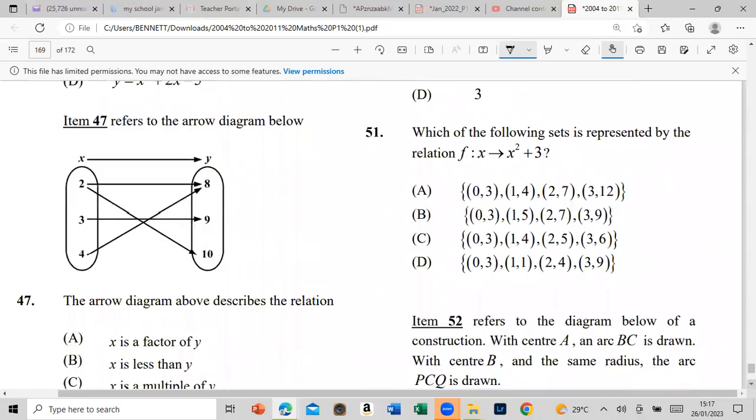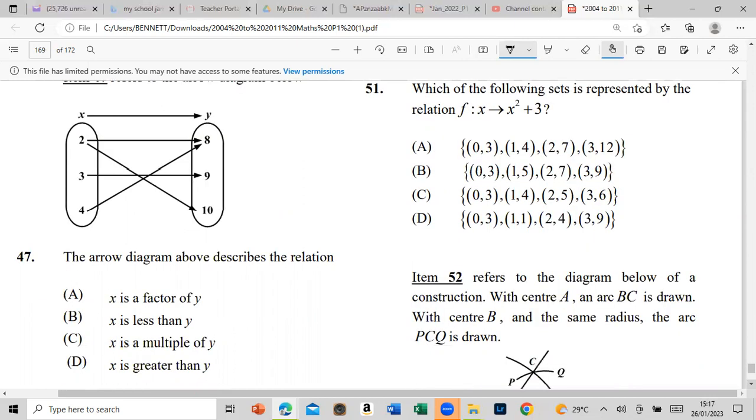Item 47, refer to the arrow diagram below which describes the relation. X is a factor of y. X is less than y.